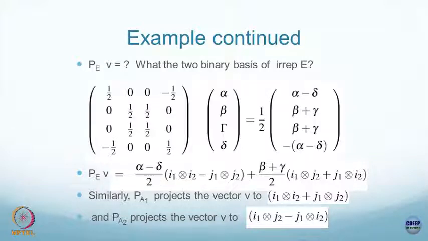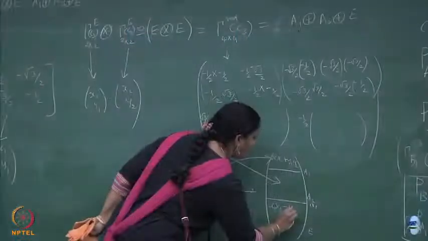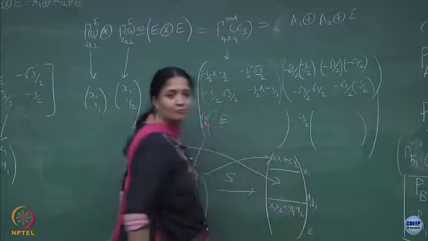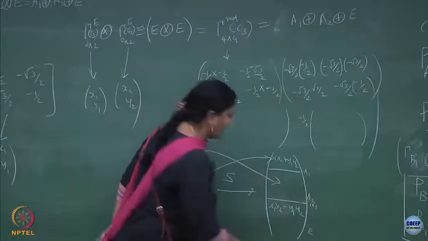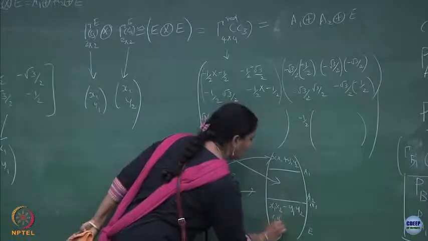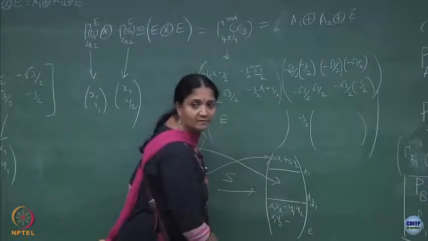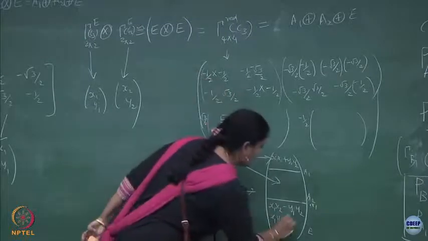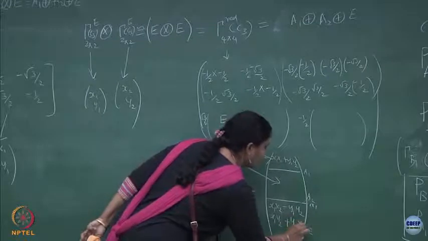So, this tells me that this one will be, according to that, x1, x2 minus y1, y2, and this one is x1, y2 minus or plus y1, x2.